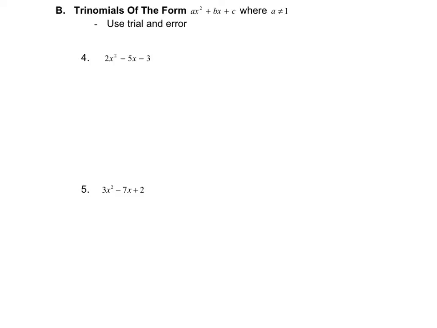I can't GCF, so I'm going to set up my two binomials because I have a squaring. Factors of a 2x squared, that will be 2x and x. Now, factors of a negative 3. So off to the side, I'm going to list all the factors of a negative 3. I have negative 3, positive 1, positive 3, negative 1.